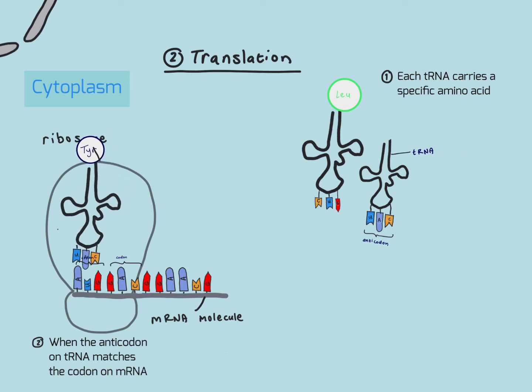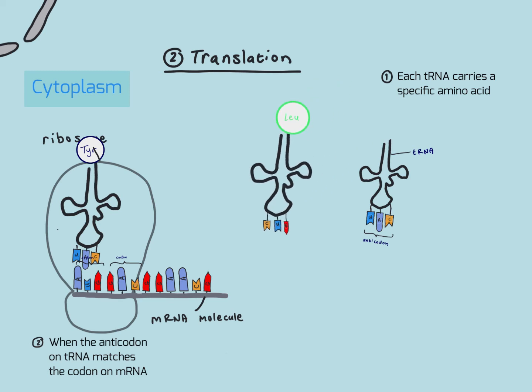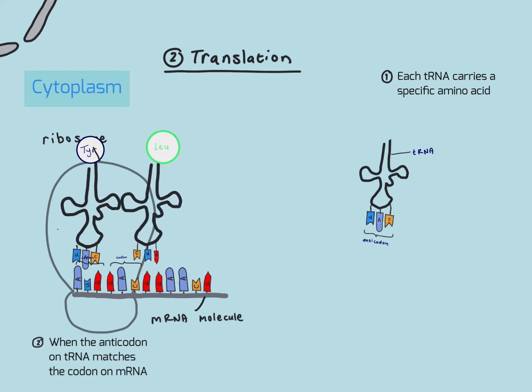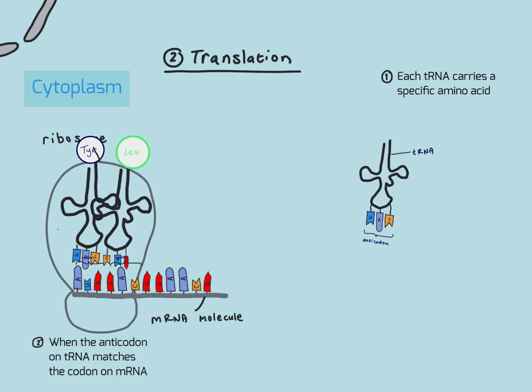As the ribosome reads the second codon as GAC, the complementary anticodon has to be CUG. So then that tRNA molecule is called to bring its amino acid to the ribosome.